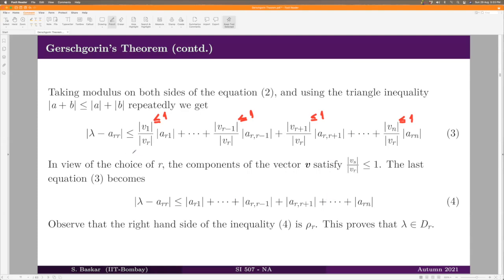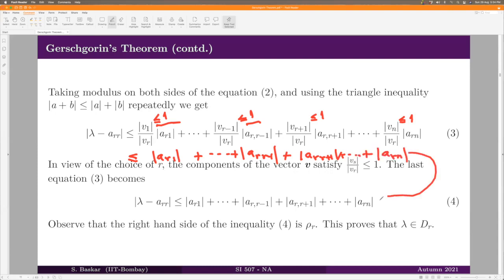So you can use this fact and write this as less than or equal to |a_r1| plus ... plus |a_r,r-1|, up to here is the part that comes before the diagonal element, and this is the part that comes after the diagonal element.